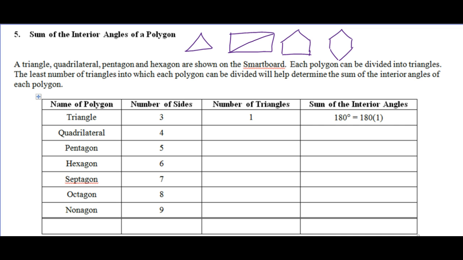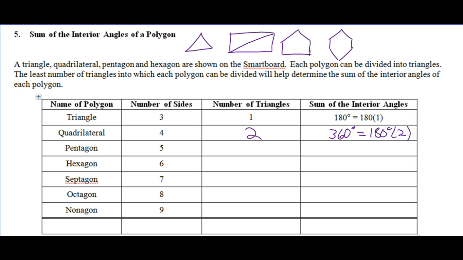Okay, if I take the quadrilateral, if we draw a diagonal, we can split it into 2 triangles. And what will be the sum of the angles in 2 triangles? 360, or 180 times 2, because there are now 2 triangles. Okay, I have a pentagon, 5 sides.